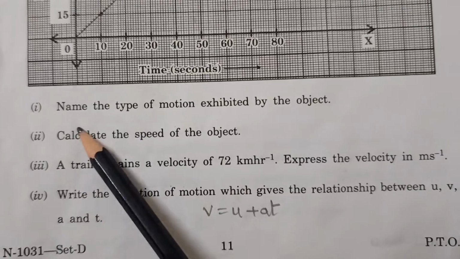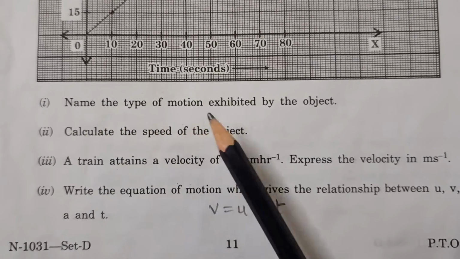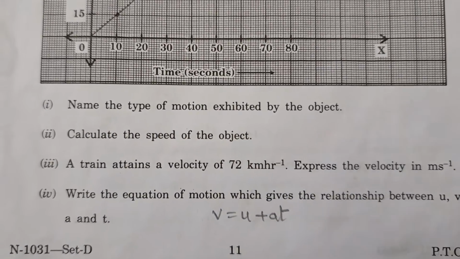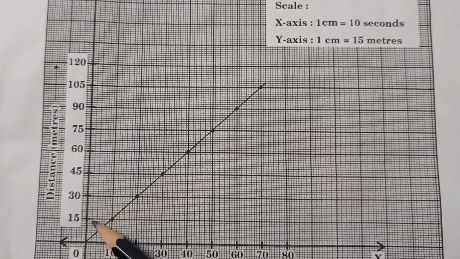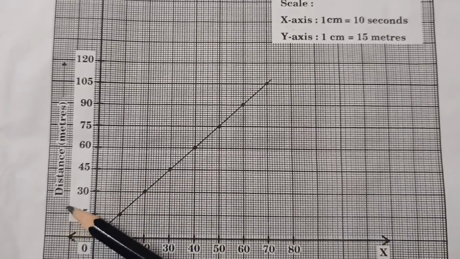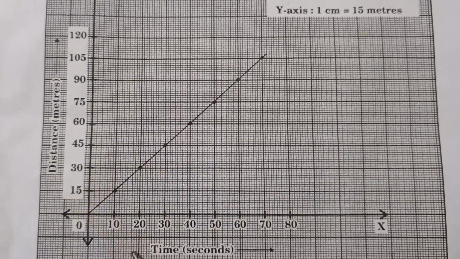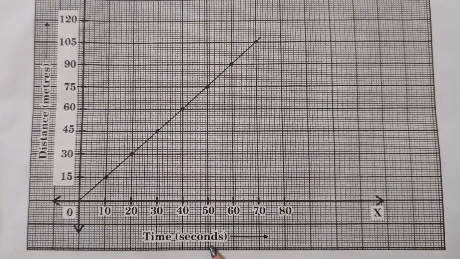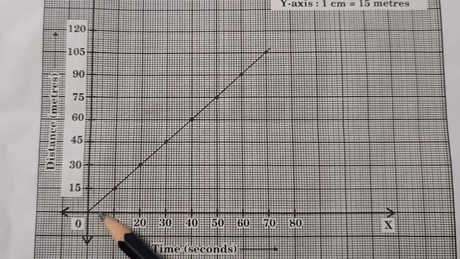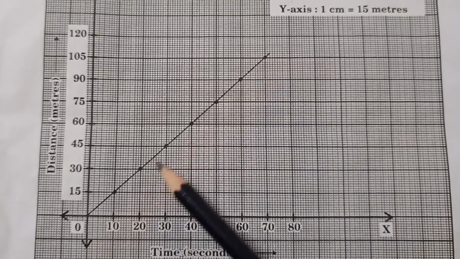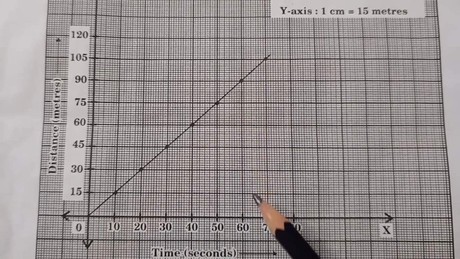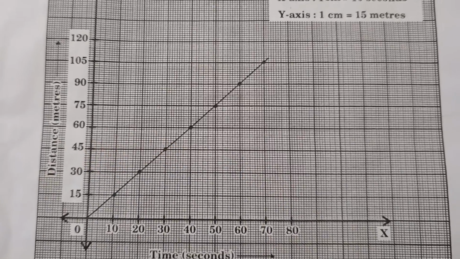Question number 1. Name the type of motion exhibited by the object. In this graph, on the y-axis it is given distance and on the x-axis it is given time, and the graph shows a slope.